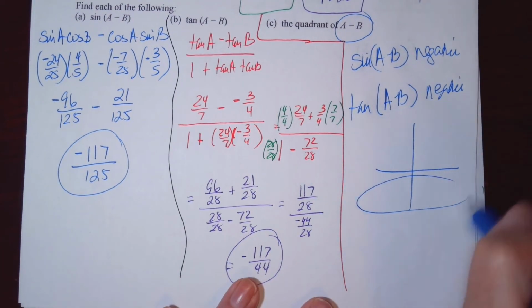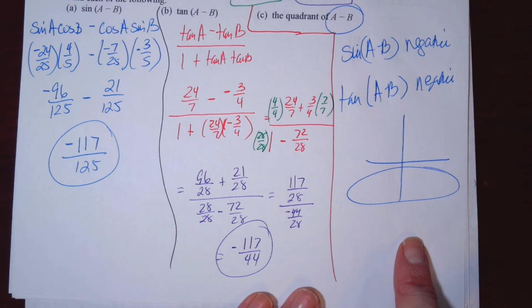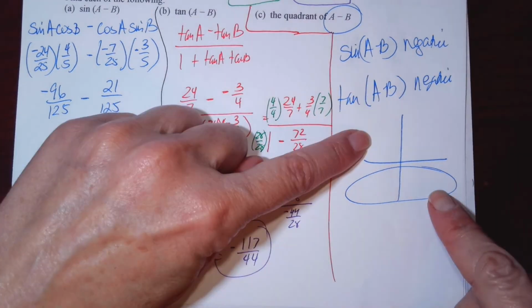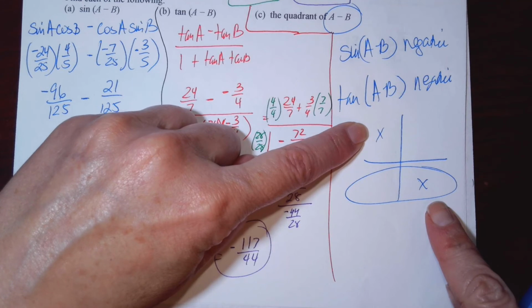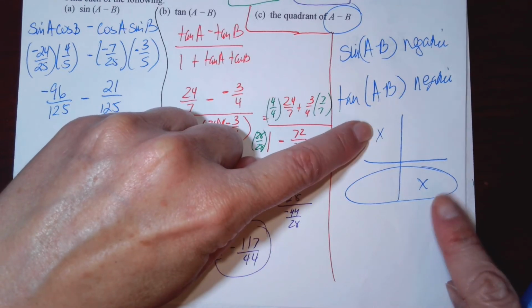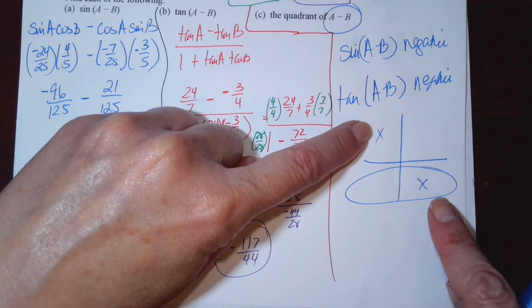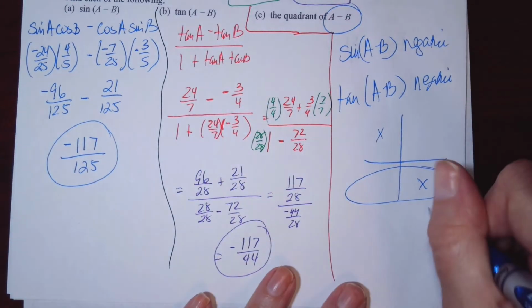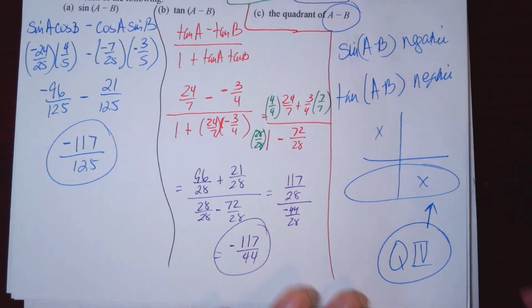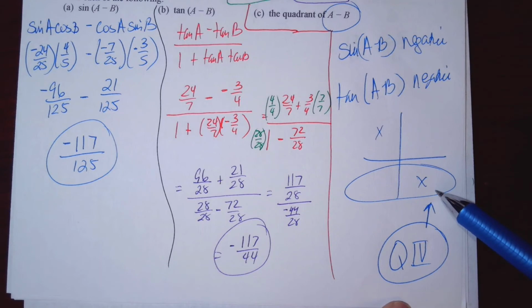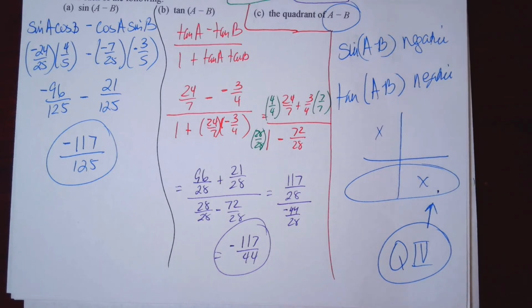Sine is negative down here in quadrants 3 and 4. Tangent is negative where we've got 1 plus and 1 minus in the x and y, so it's negative in quadrants 2 and 4, which means that A minus B must be in quadrant 4 because that's the only quadrant where both of those things are true.